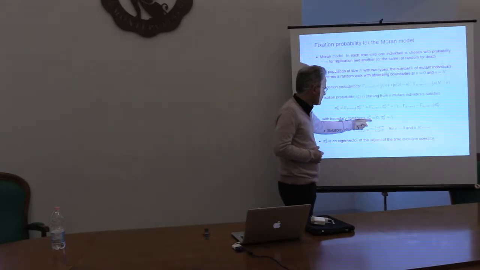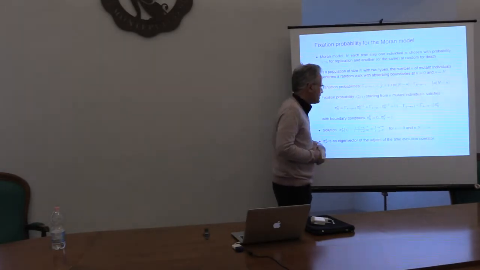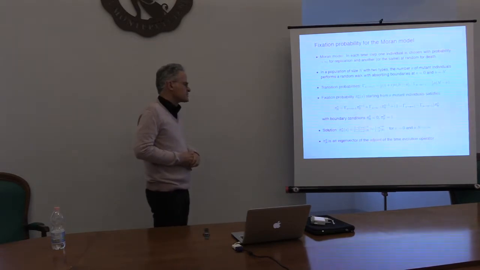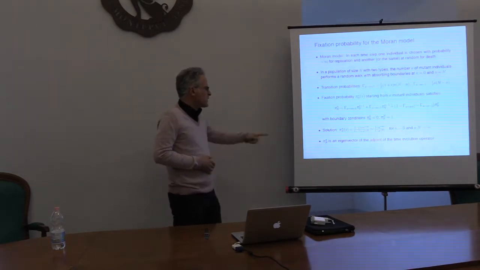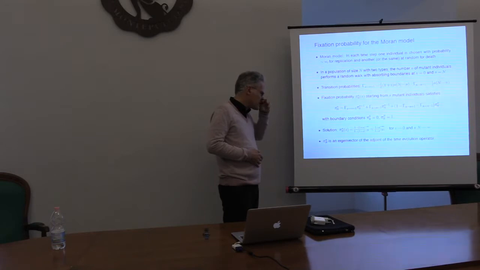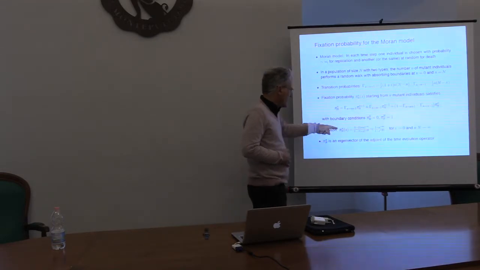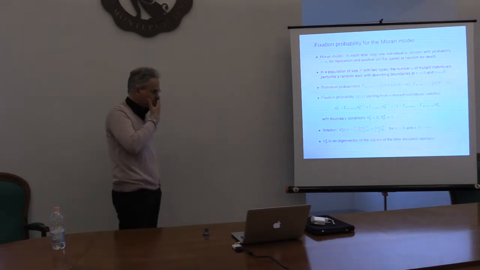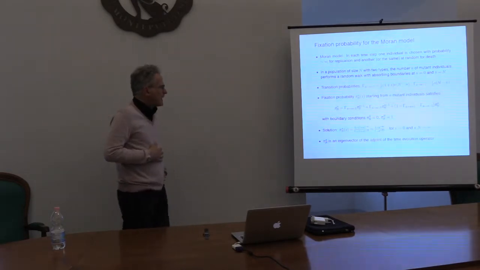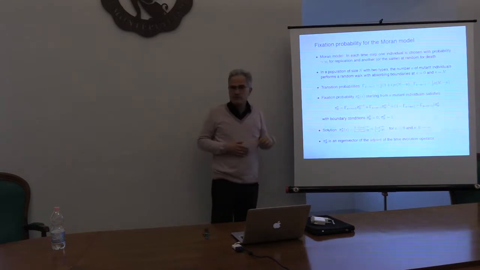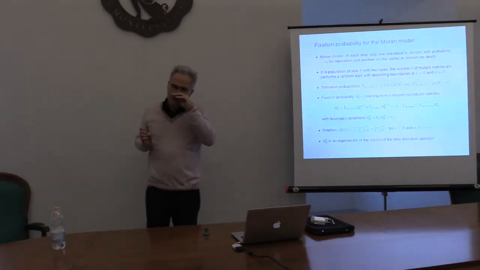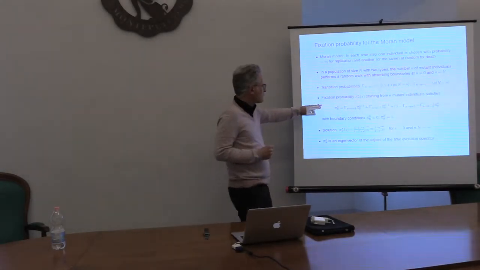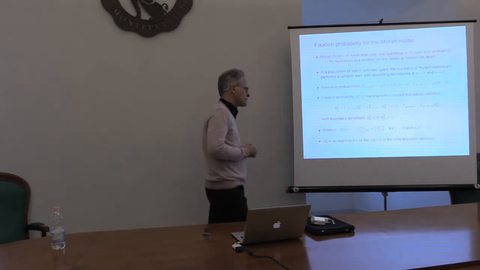If you start with 0 individuals, of course you cannot fix. If you start with capital N individuals, you fix with probability 1. So you have to solve this recursion with these boundary conditions, which is not very difficult, and you end up with this explicit formula for the fixation probability. Again, this computation can be simplified greatly if you discover that there is a version of this process that is still a martingale.